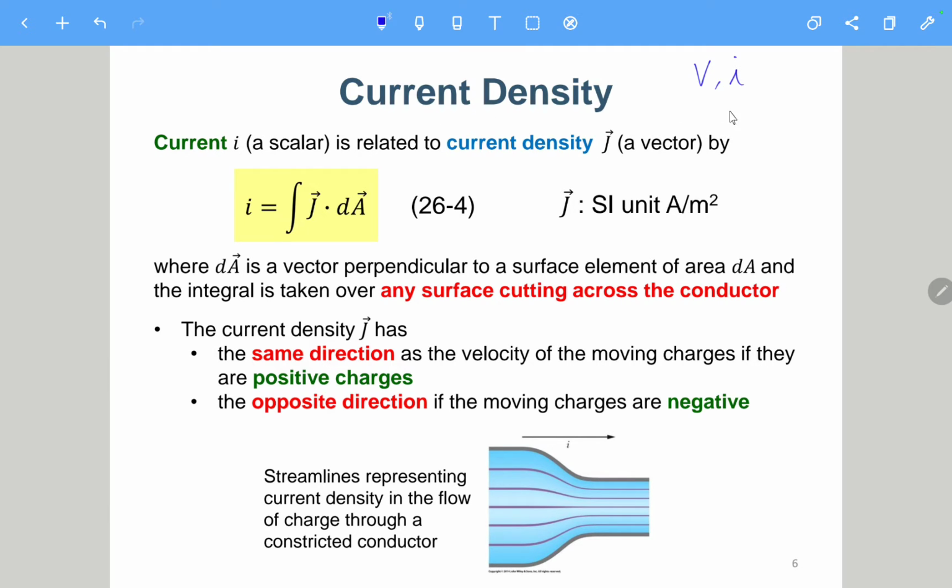So circuit theory tries to simplify the variables down to scalars, which makes things easier to calculate. But this is a physics course, so we still need to talk about some fundamental definitions like the current density.